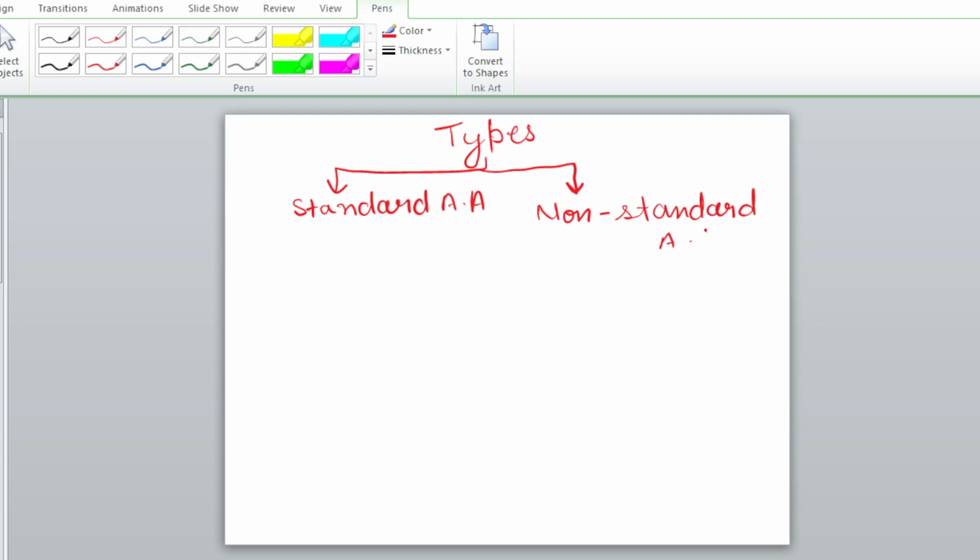What are standard amino acids? Amino acids specified by the genetic code during translation are called standard amino acids.